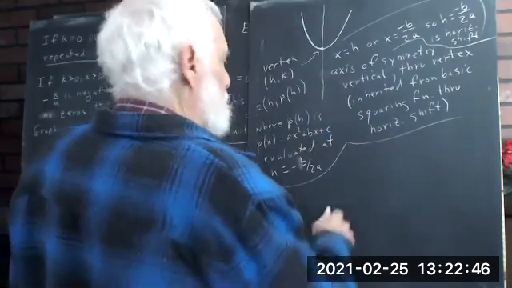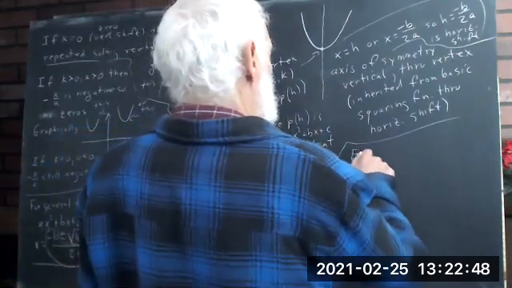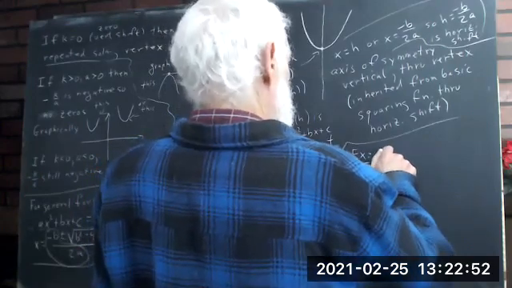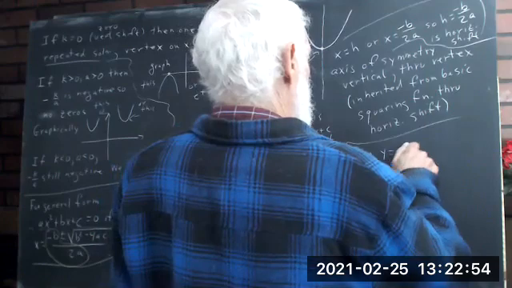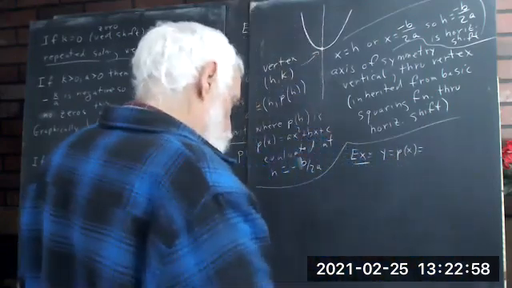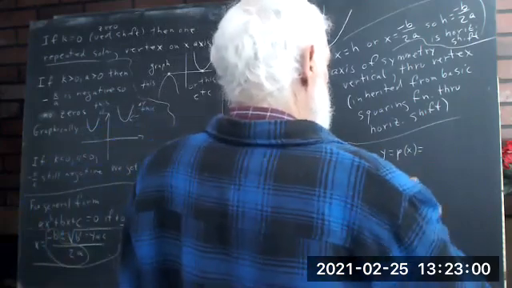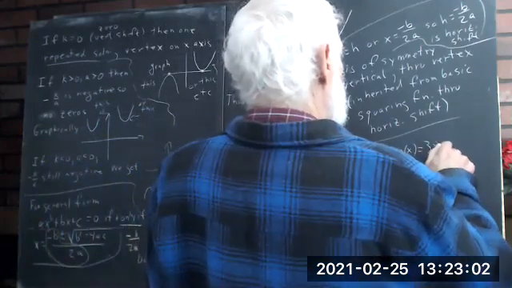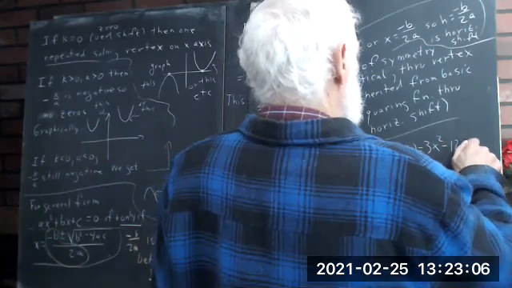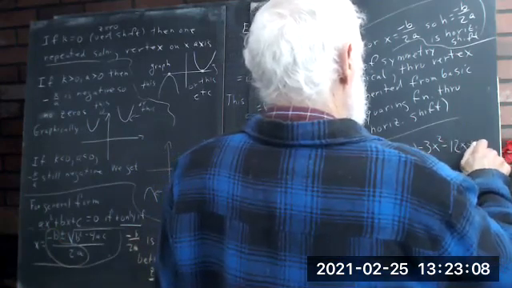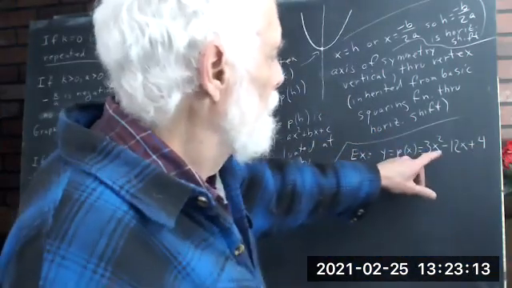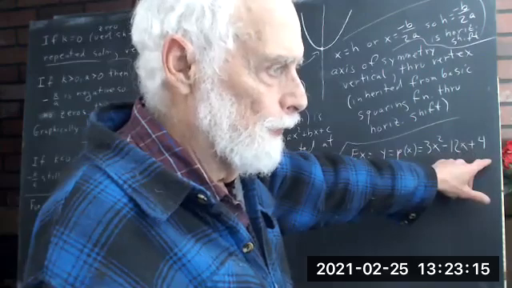Okay, here's an example. P of x is 3x squared minus 12x plus 4.